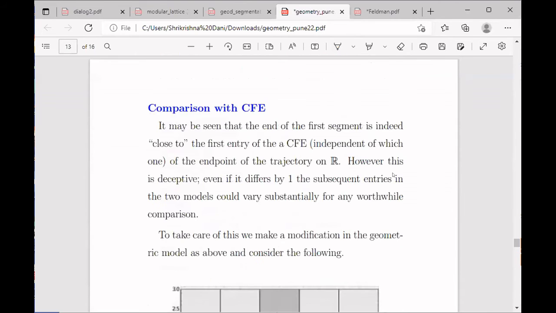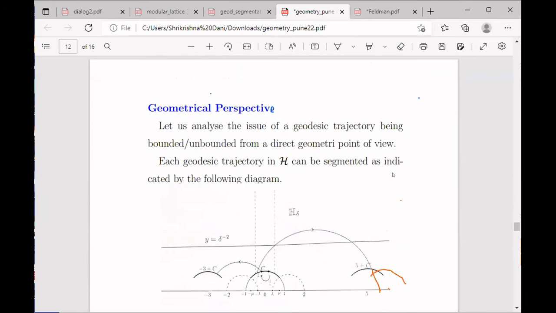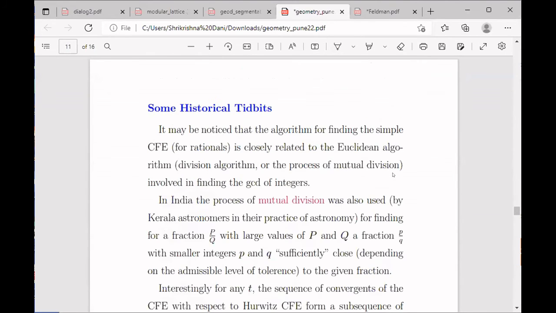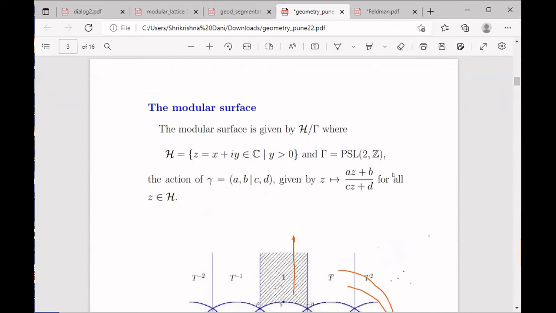Now, I thought I had another picture where there's a diagram corresponding to that, but that seems to have got erased. Okay, so yeah.